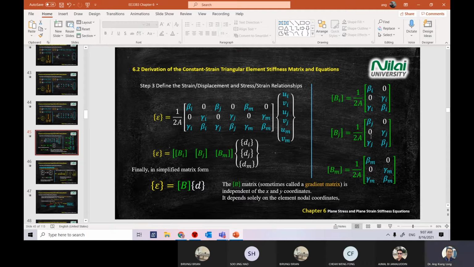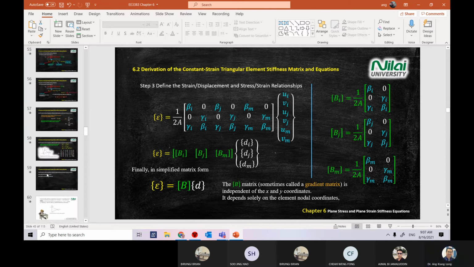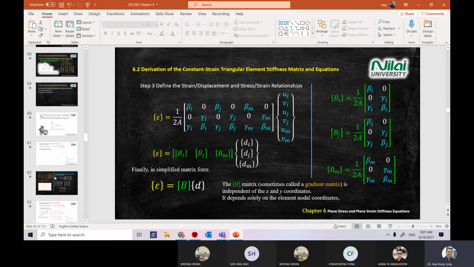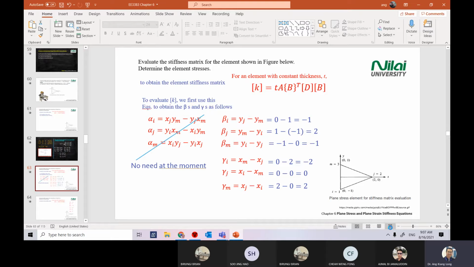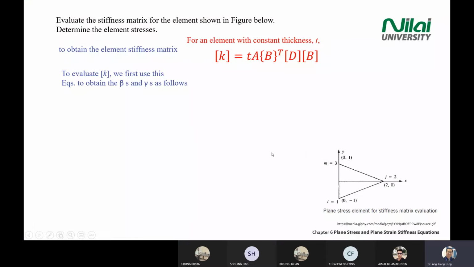So there is no alpha needed for the B matrix. But in the exam, please find the alpha, for the sake of showing you understand what alpha means.